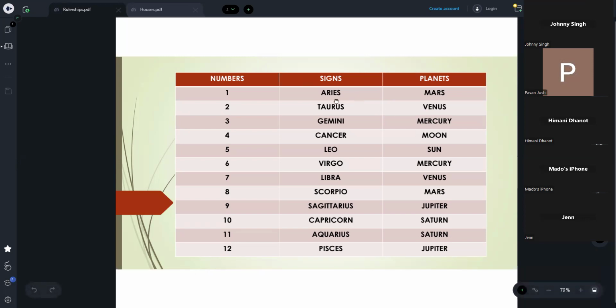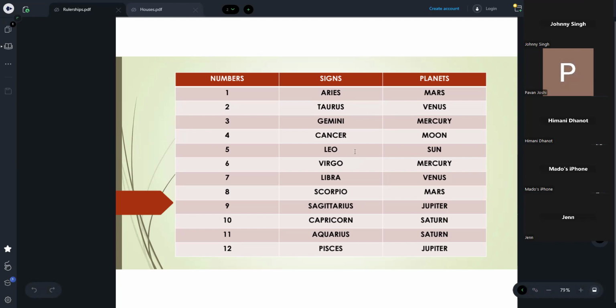So here you can see, it starts off with the first sign being Aries. The Lord is Mars. Same with Scorpio. You're going to see that every planet is given 2 signs. Just like Mars is given Aries and Scorpio, Venus is given Taurus and Libra, Mercury is given Gemini and Virgo.